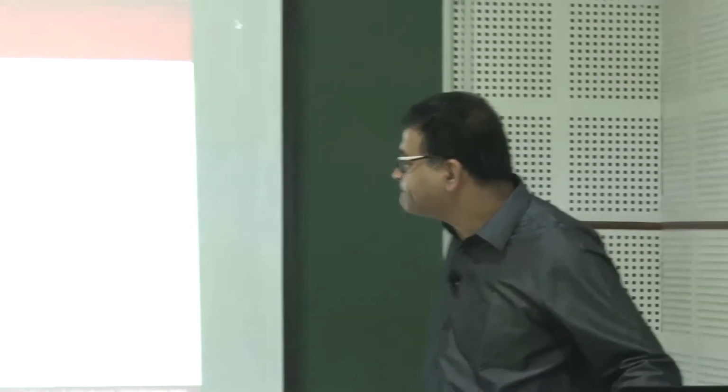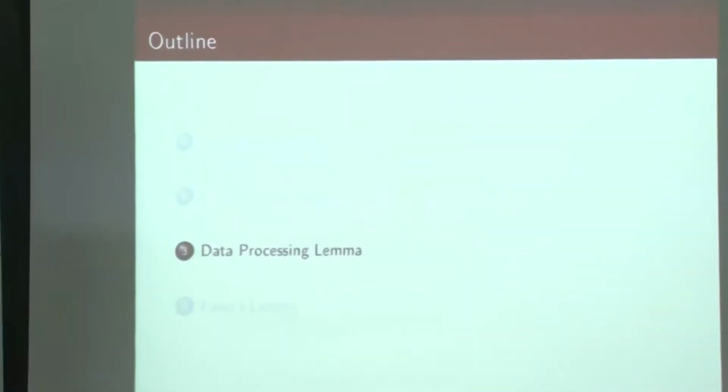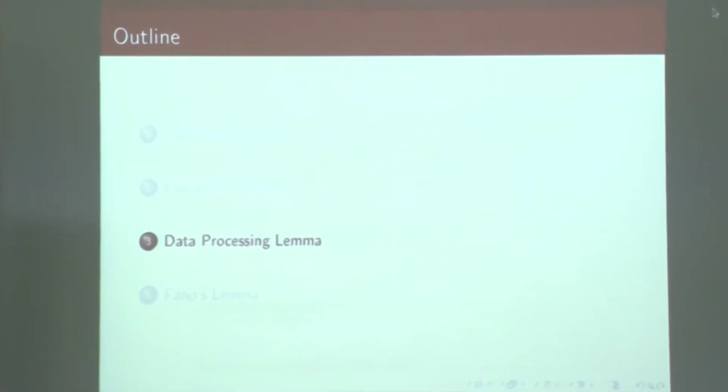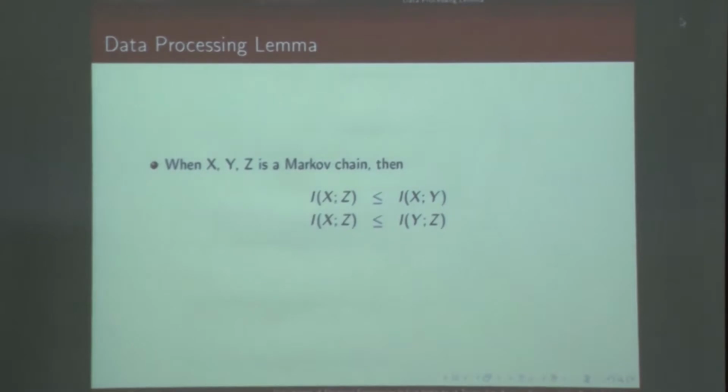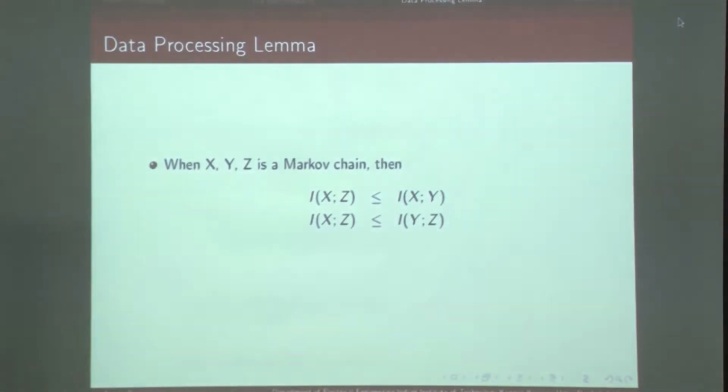Now let's come to the third result, which is known as the data processing lemma. When x, y and z form a Markov chain, then mutual information between x and z is less than or equal to mutual information between x and y, and mutual information between x and z is less than or equal to mutual information between y and z.